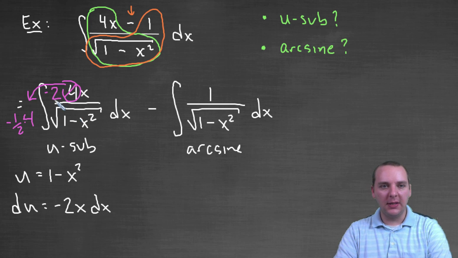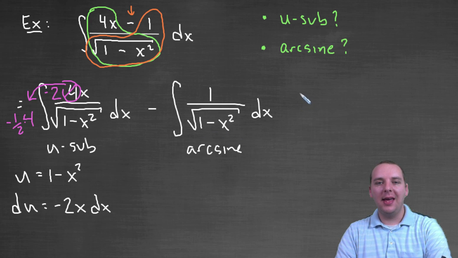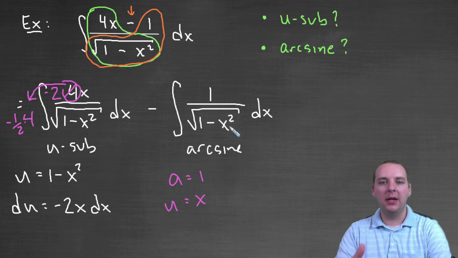I'm sorry that's a little messy, but hopefully you can follow that. Okay, and then for this guy here, the a would be 1 because you have 1 squared, and the u would be x because you have a squared minus u squared. So this seems to fit pretty well also. So this one's practically ready to go.